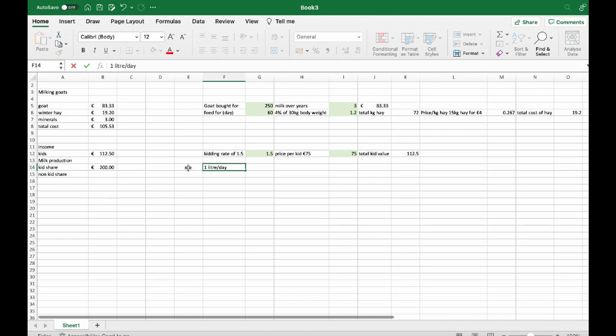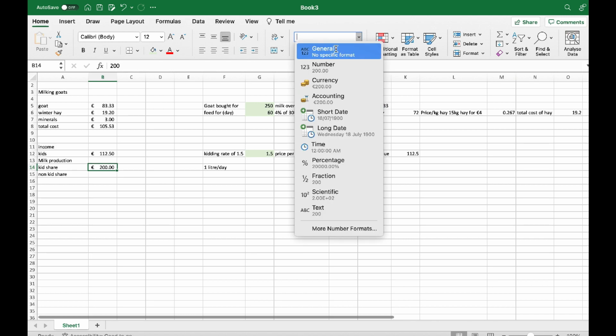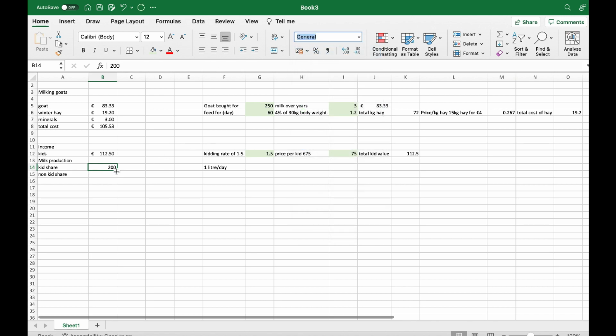And then with non-kid share, I'm going to take that out because that needs to be general. With a non-kid share, that's going to be 400, like that, so that's 400. That's going to be 2 litres a day.